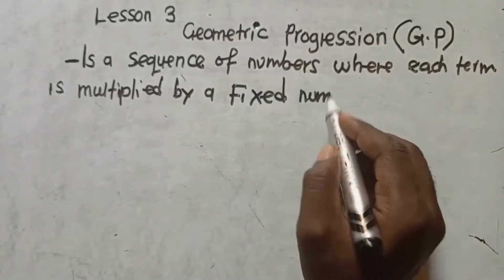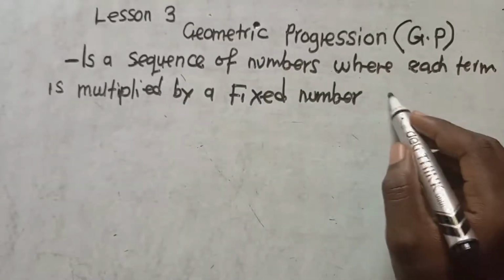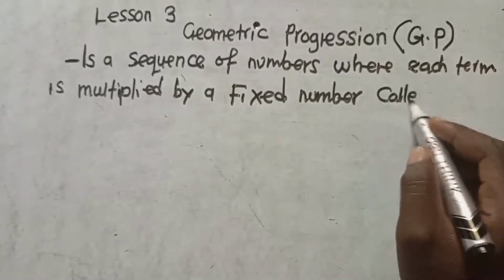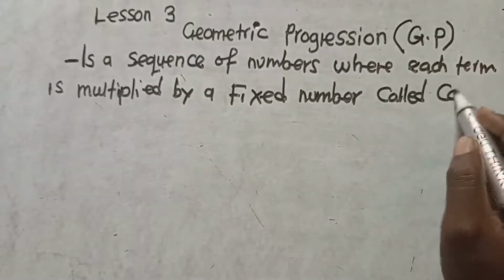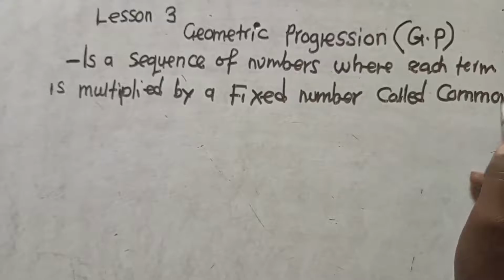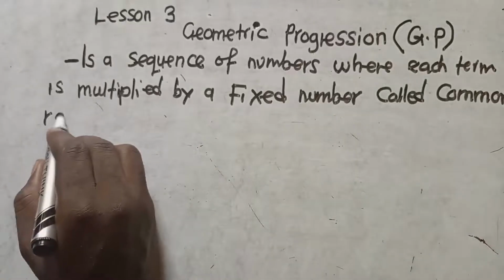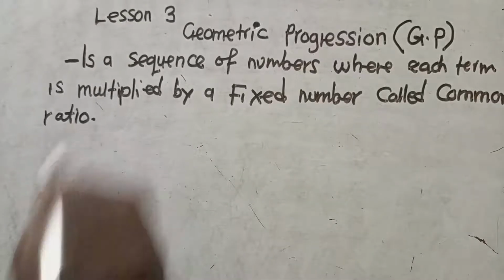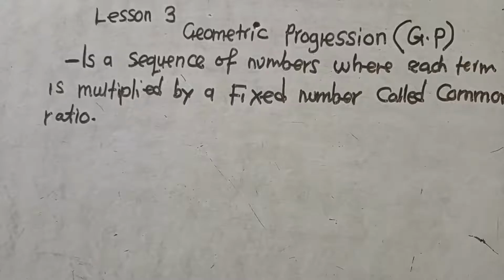So I'll say a fixed number called common ratio. This is what you are supposed to know and understand. It is called what? A common ratio. And the starting point is called the first term.